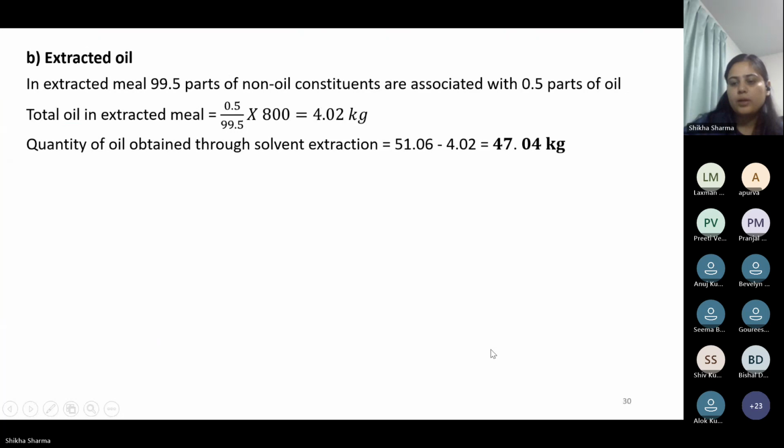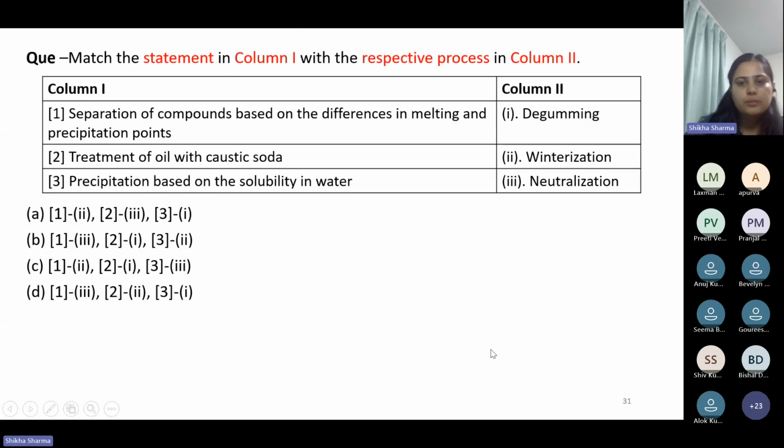So let's move to the next question. In column A, we have some statements, and in column B, we have some processes. Statement A says the separation of compounds based on differences in melting and precipitation point.